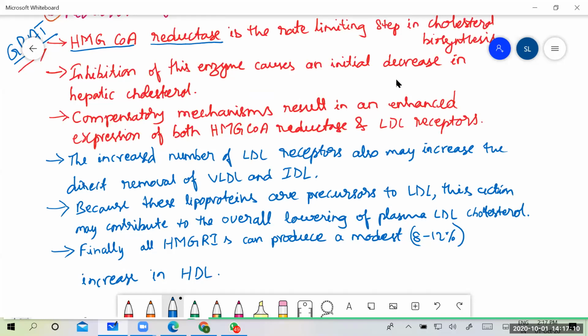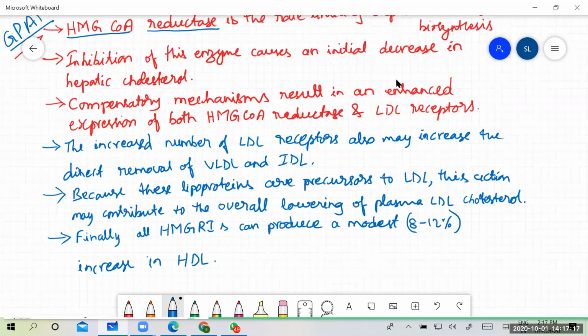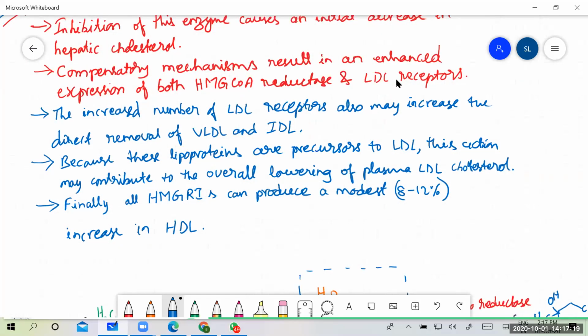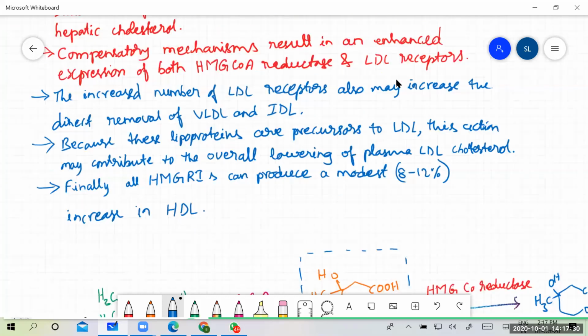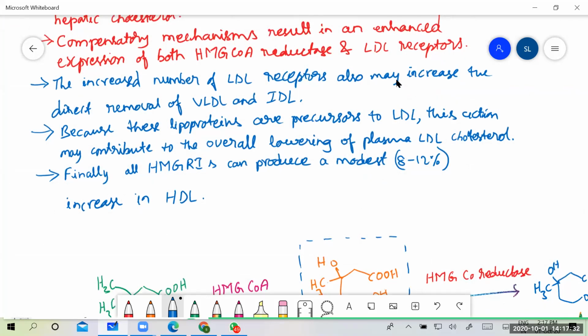The inhibition of this enzyme causes an initial decrease in the hepatic cholesterol, and next the compensatory mechanism comes into play. As a result, there is enhanced expression of both HMG-CoA reductase and LDL receptors. With increased LDL receptors, there may be increased direct removal of VLDL and IDLs from the blood circulation.